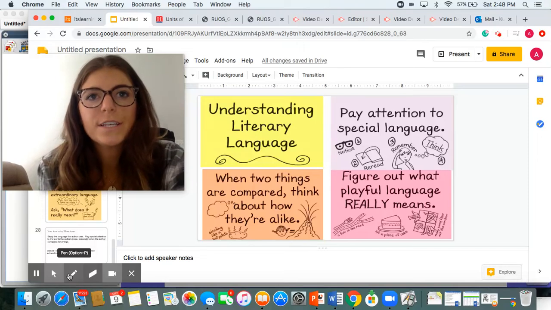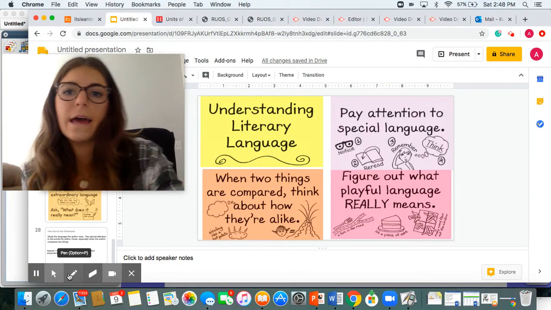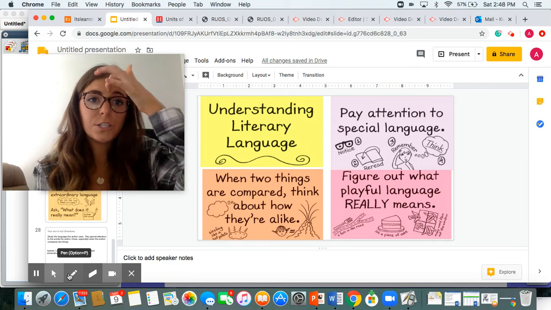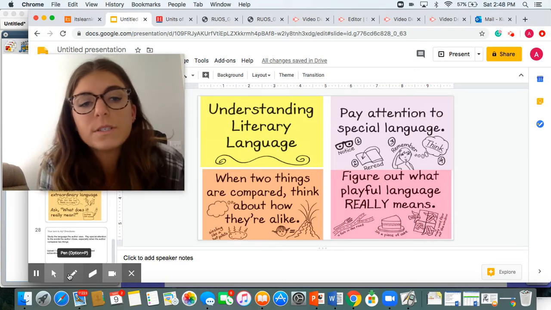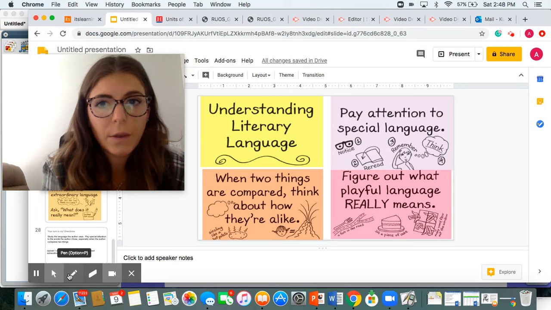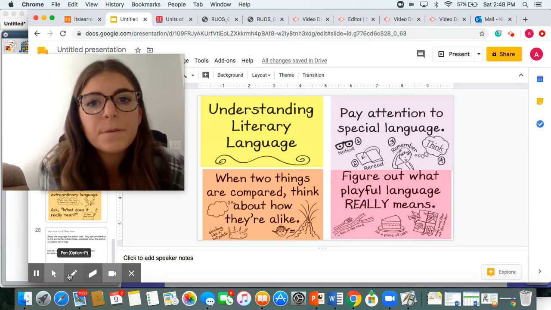Learners, earlier this year, you studied the literary language that authors use, and this chart is just a reminder of those strategies that we looked at. The first one was to pay attention to the special language. Notice, reread, then you keep it in your brain, and then you can think about it at the end.